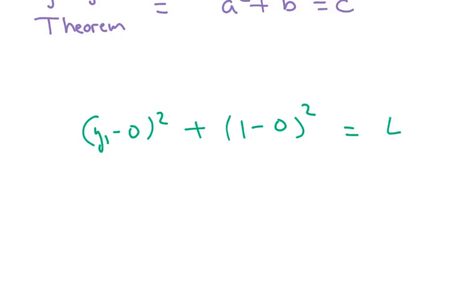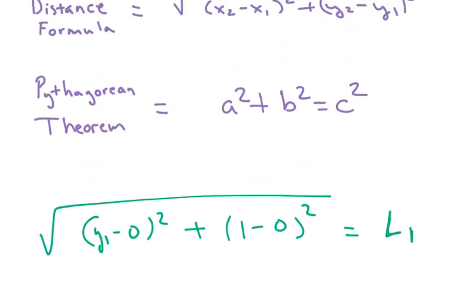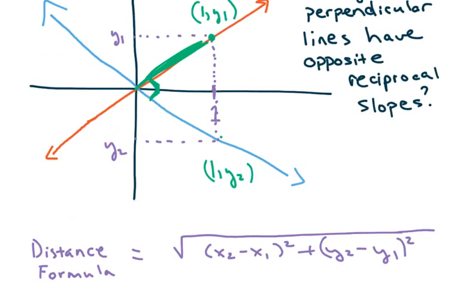I'm going to call it line 1. So the square root of this will give me the distance of line 1. Again, I want to show you what I'm doing here. This is going through the origin at (0, 0). And so we have y1 minus 0, and then 1 minus 0.